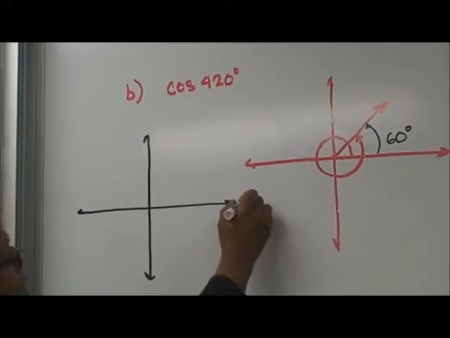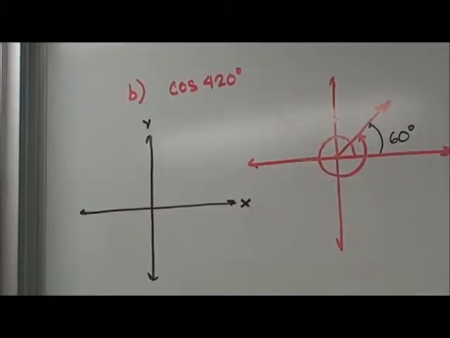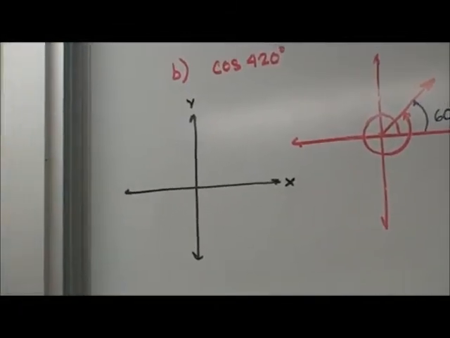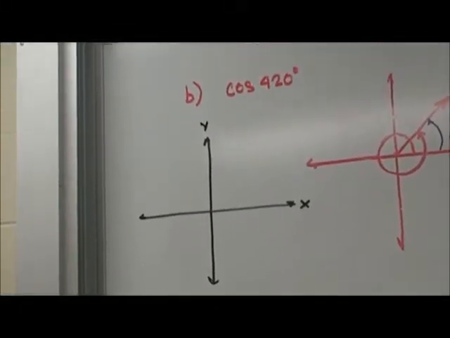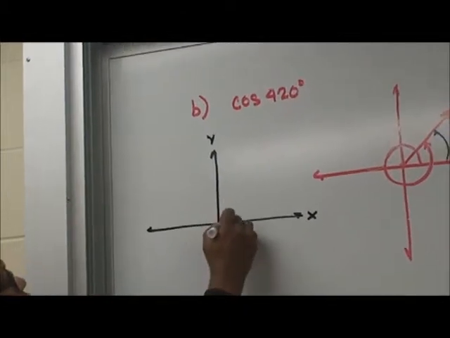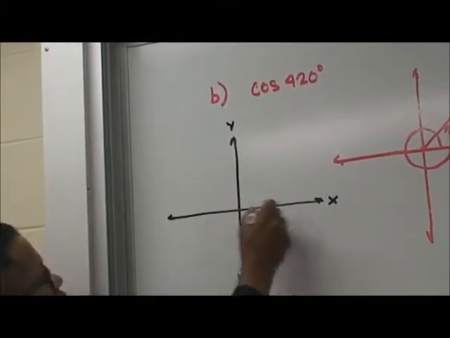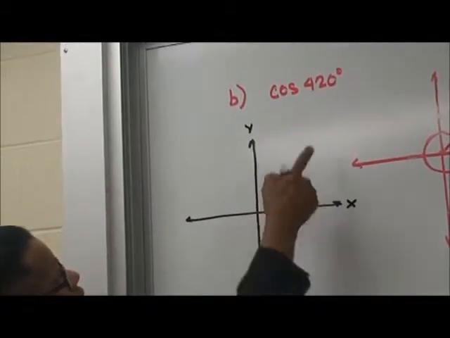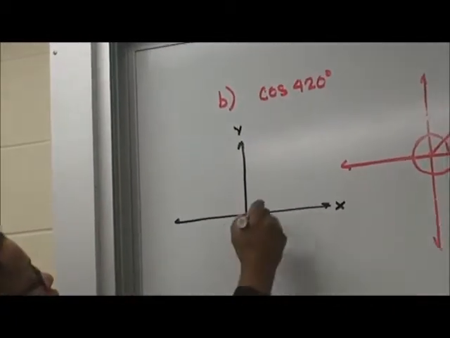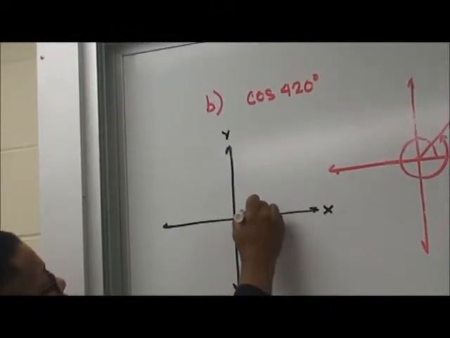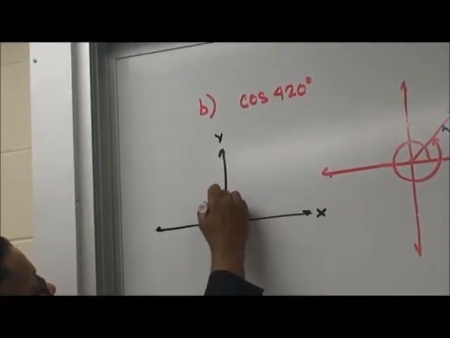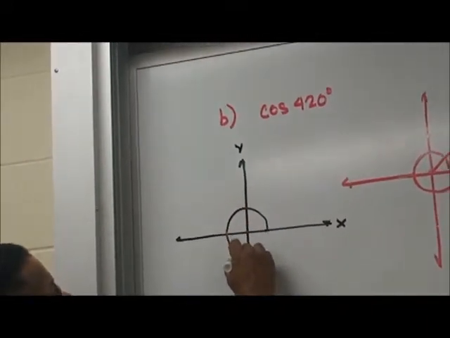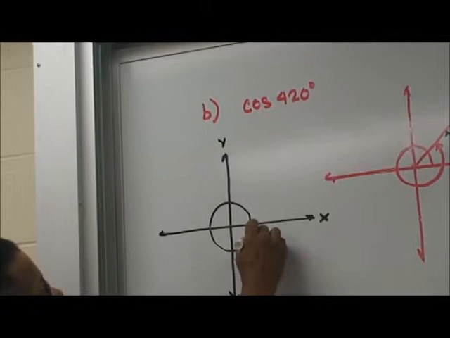You see, this is my X and Y axis, and we want to know the value of cosine 420 degrees. Starting from the initial side, the reference line, and it's positive, so we go 90, 180, 270, 360.